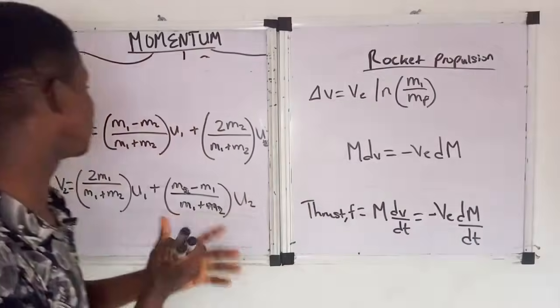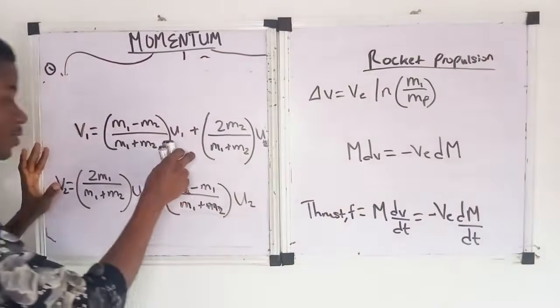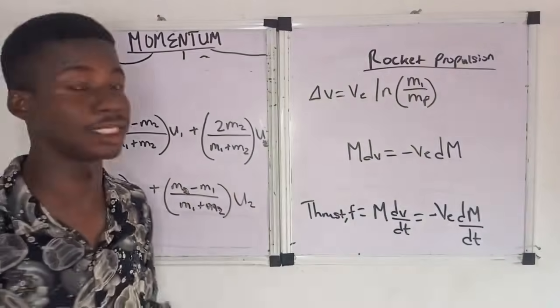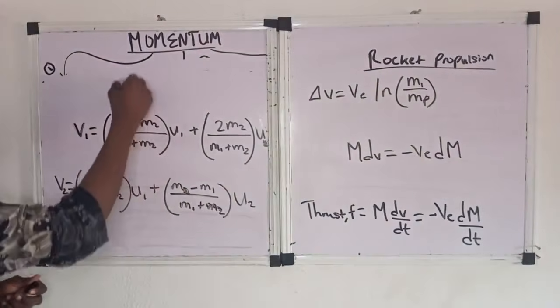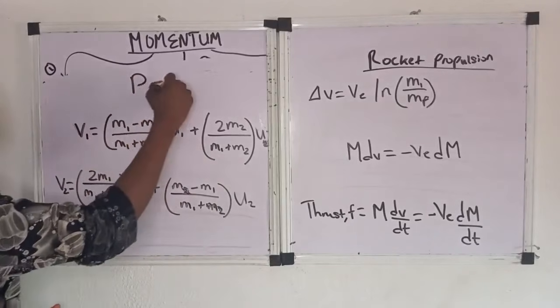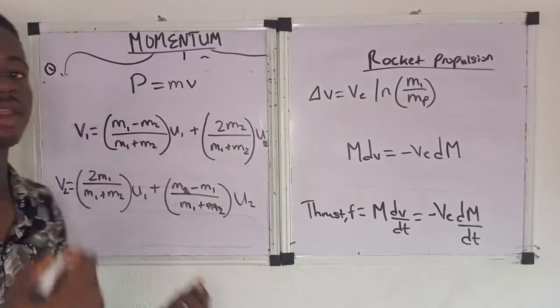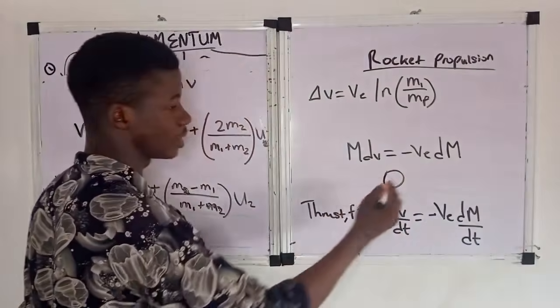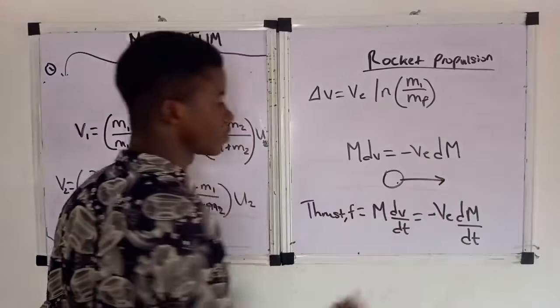So before we continue with this formula on the board, there's something I want to tell you guys. Remember, I told you that the momentum of a body, P, that is the symbol for momentum, is the mass of that body times its velocity. For example, let's say this is the body, moving in this direction.